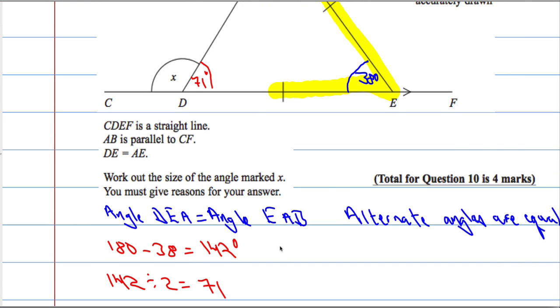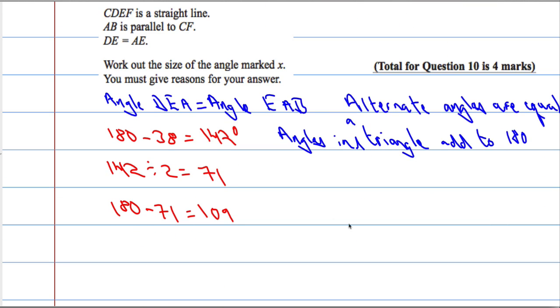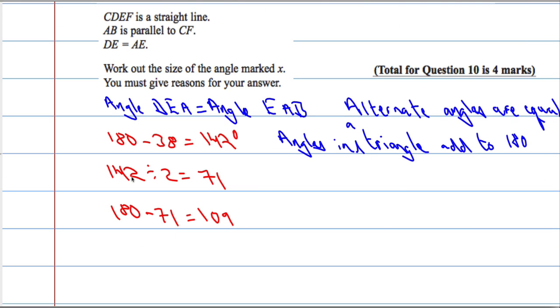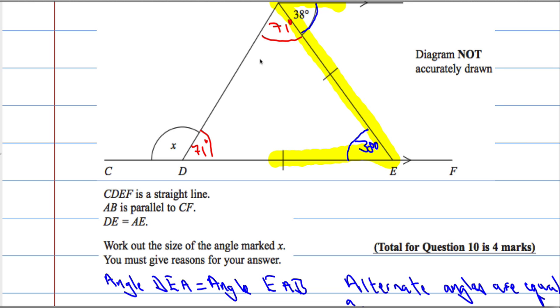So angles in a triangle add to 180. And then the 142 divided by 2, we divided it by 2.